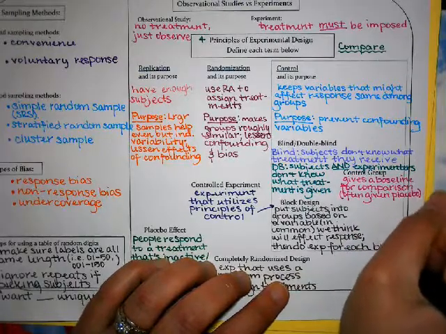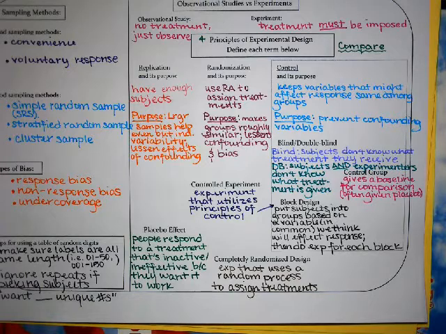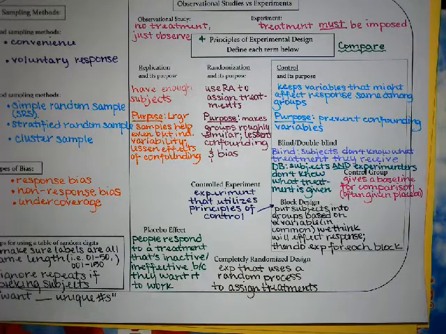And then just as a reminder, matched pairs is a subtype of a block design where your blocks are of size 2 or each subject gets both treatments.